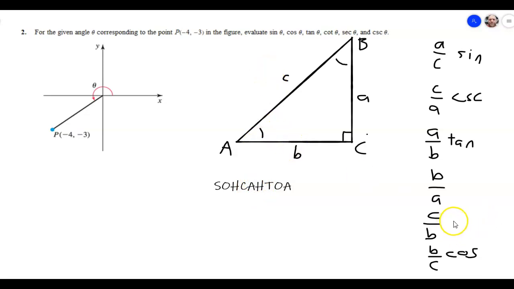It's the reciprocal of cosine. And finally, we have the cotangent, the reciprocal of tangent, which is adjacent over opposite, so B over A. We put the cotangent right here.